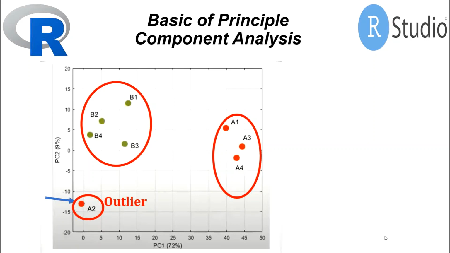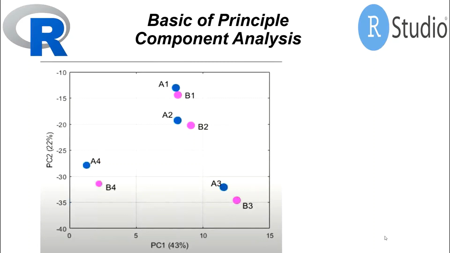Similarly, we could also have this type of PCA plot for our analysis. Here you can see that not all of the A's and B's are present in separate positions on the plot. Rather, they are intermixed with one another. But one interesting thing you can note here is that A1 is present along with B1, while A2 is present along with B2.